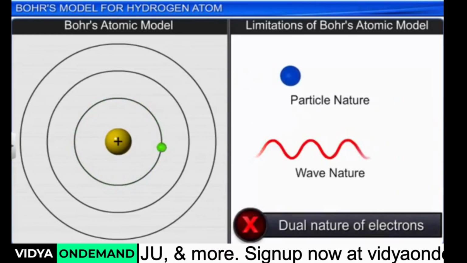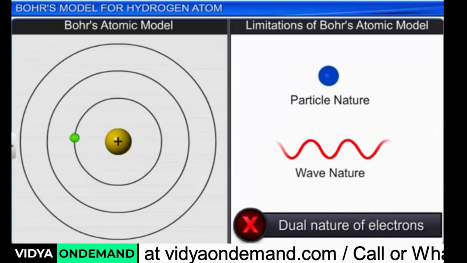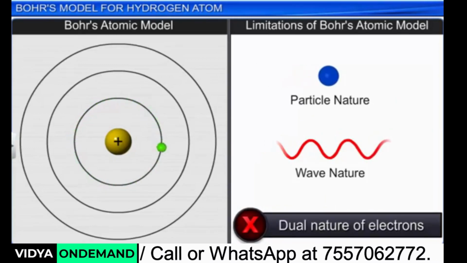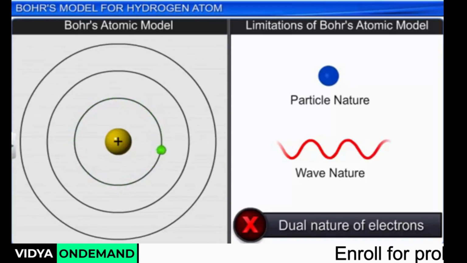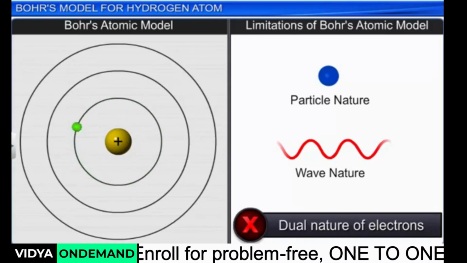It also contradicts Heisenberg's uncertainty principle, which says that it is not possible to determine both the position and velocity of an electron simultaneously and accurately.